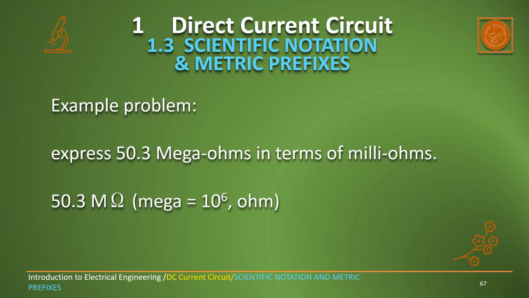Example problem. Express 50.3 megohms in terms of milliohms. We know 50.3 megohms, meg is equal to 10 power 6.